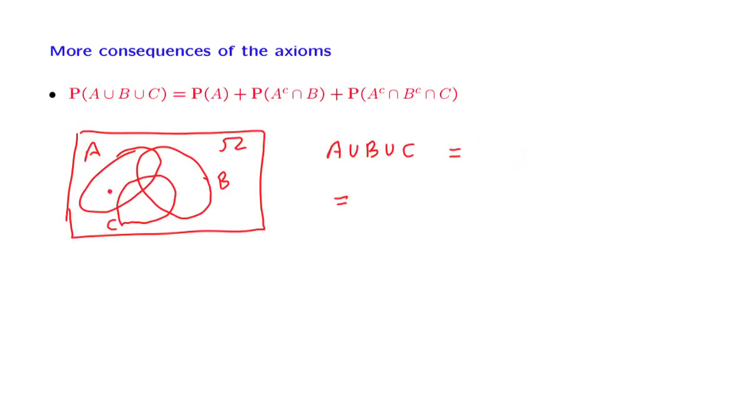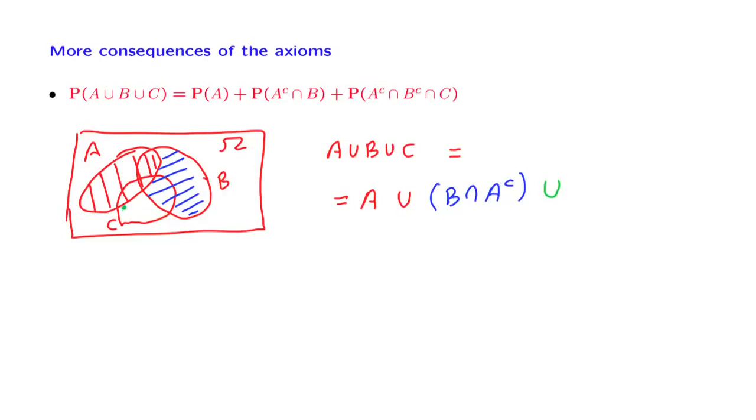One piece is the set A itself. The second piece is going to be that part of B which is outside A. So this is the intersection of B with the complement of A. The third piece is going to be whatever is left in order to form the union of the three sets.